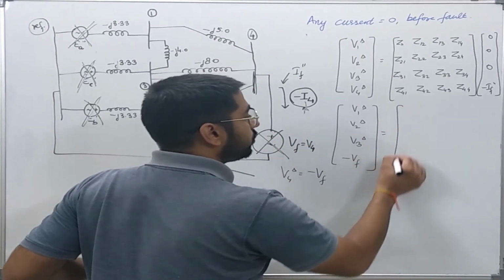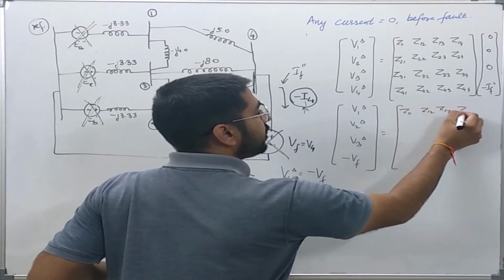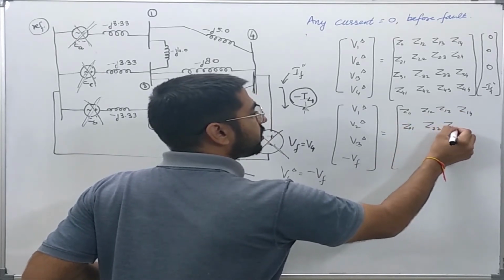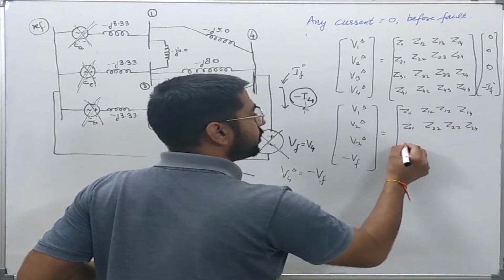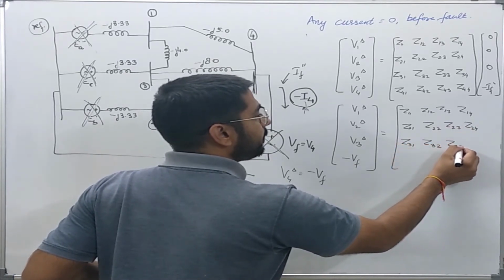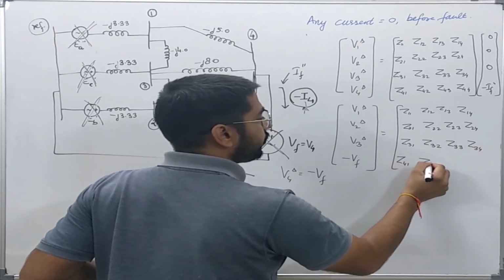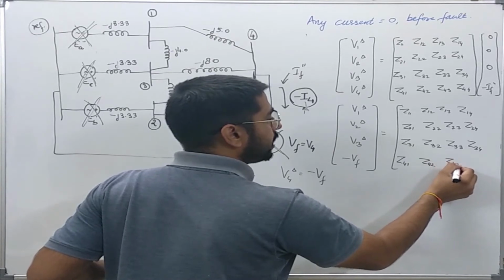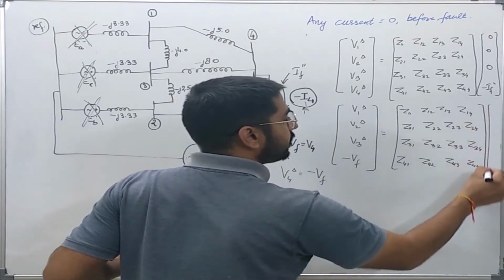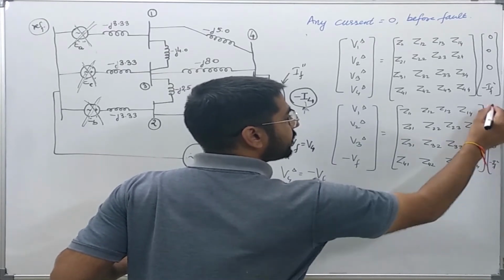It is equal to the matrix Z11, Z12, Z13, Z14, Z21, Z22, Z23, Z24, Z31, Z32, Z33, Z34, Z41, Z42, Z43, Z44, multiplied by 0, 0, 0, minus IF double dash.